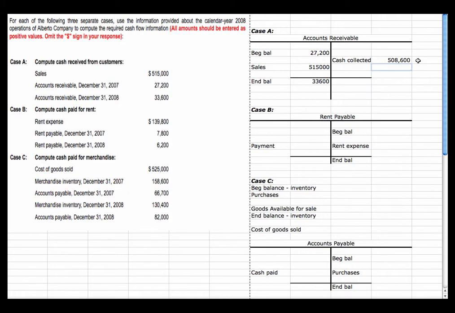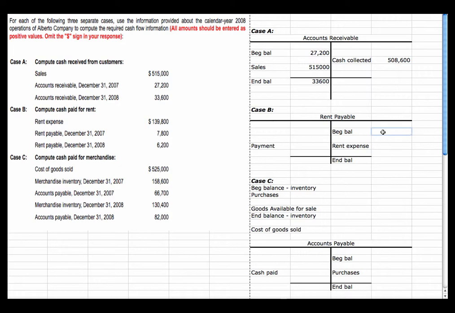Now in case B, where it says compute the cash paid for rent, what we're looking at is a liability account called rent payable. Assuming that we incur the rent and pay it subsequently, in the liability it's going to be a credit balance, because liabilities' normal balances are credits.